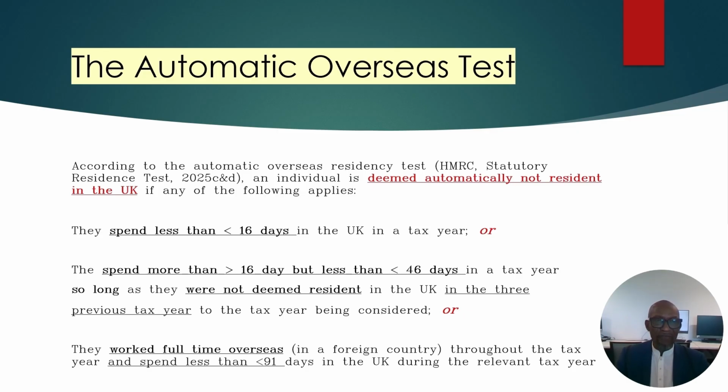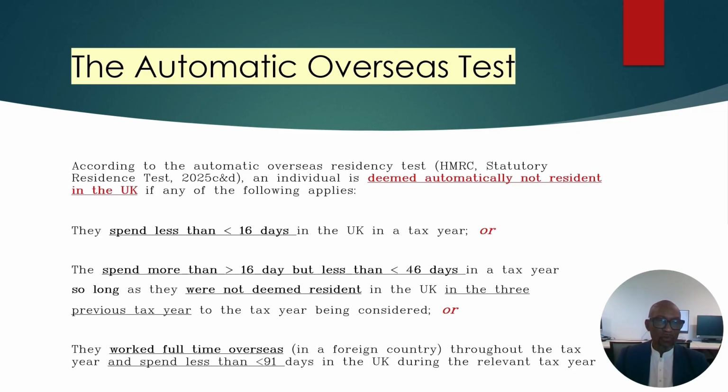So if you spend less than 16 days in the UK, or you spend more than 16 days but less than 46 days in a tax year, so long as you were not deemed resident in the UK in the 3 previous tax years. So we look at the 3 previous tax years. If you're not deemed resident in those 3 previous tax years, then you are overseas resident.